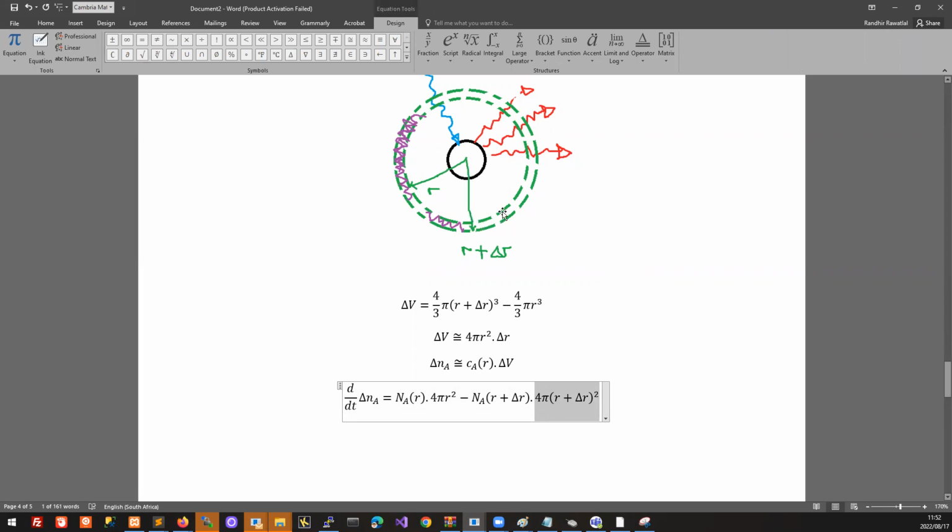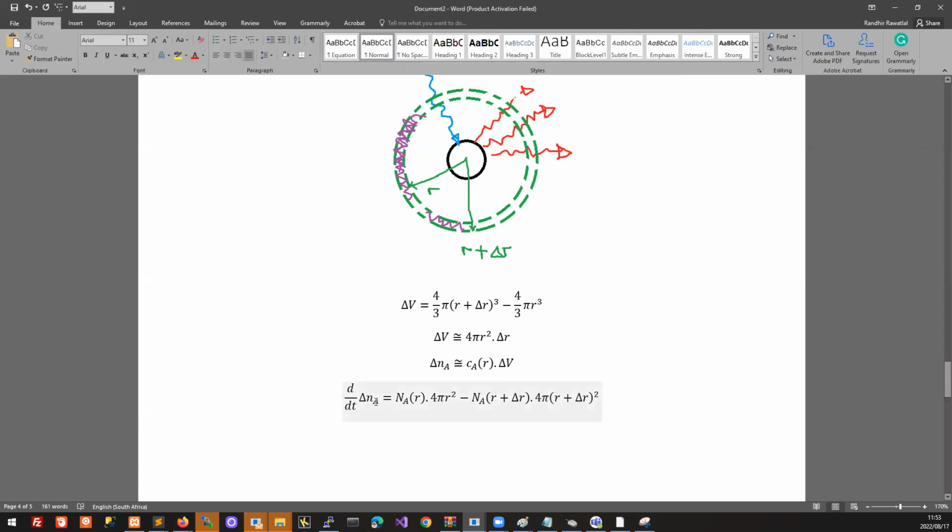So we are fluxing radially. So the area that's normal to the radial flux is the surface area of that sphere. Of course, you could also define the cross-sectional area across the sphere. So the area of the circle is pi r squared, but that's not appropriate, right? We are not diffusing in that direction. We are diffusing outwards against the whole sphere here. So that's the area that matters to us.